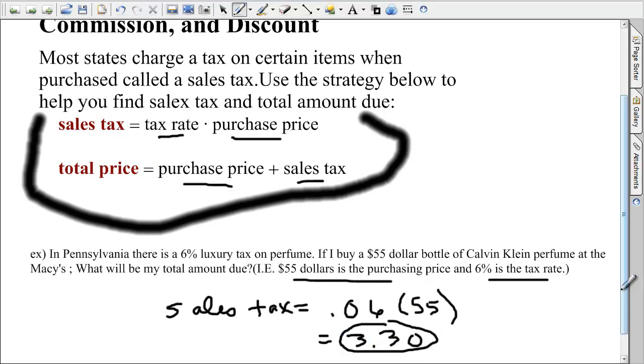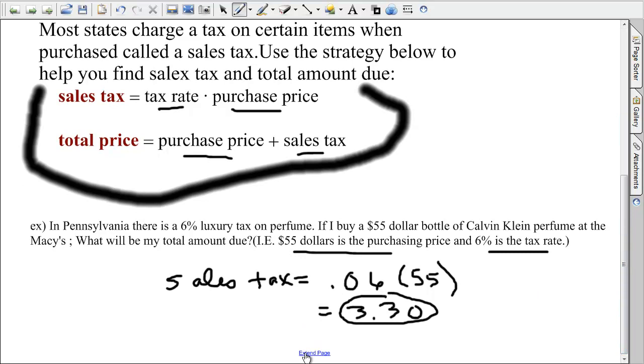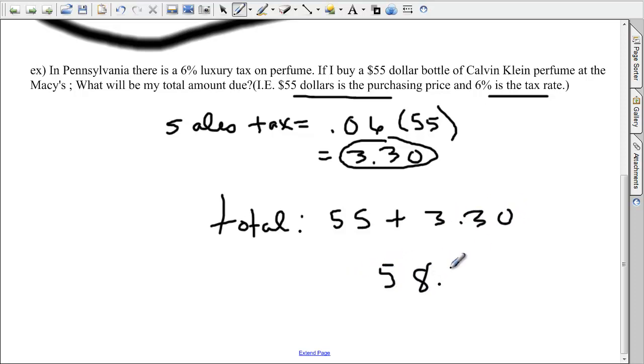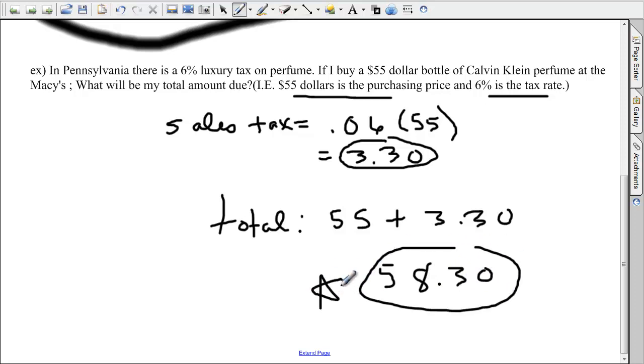Now let's add that to the purchase price and you'll have your total amount due. So the total due would be the $55 plus the sales tax. So you're looking at $58.30. I know that a lot of people go to states where there is no sales tax when they want to go shopping, to save a little money.